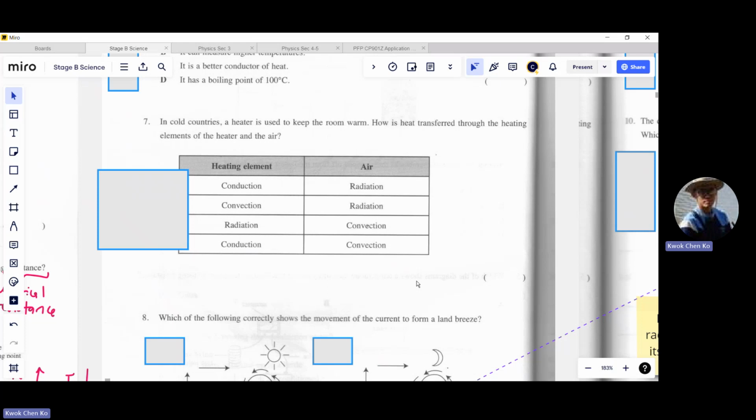By the way, I hope you know what a heating element is. It's that hot metal part, which is directly linked to the electrical circuit. So how did the heating element become hot? How did the air become hot?